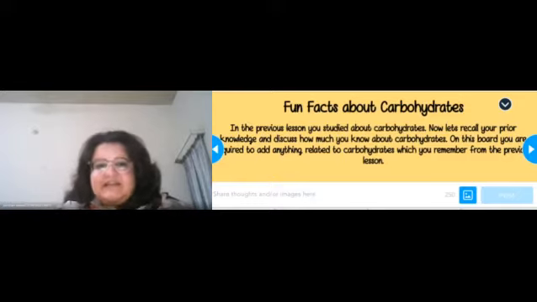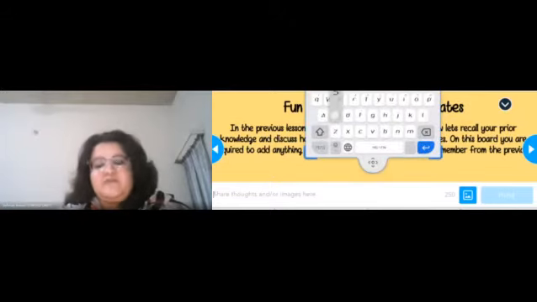In the previous lesson, you have studied about carbohydrates. Now let's recall your prior knowledge and discuss how much you know about carbohydrates. On this board, you are required to add anything related to carbohydrates, anything which you remember from the previous lesson, any picture which you want to share again.